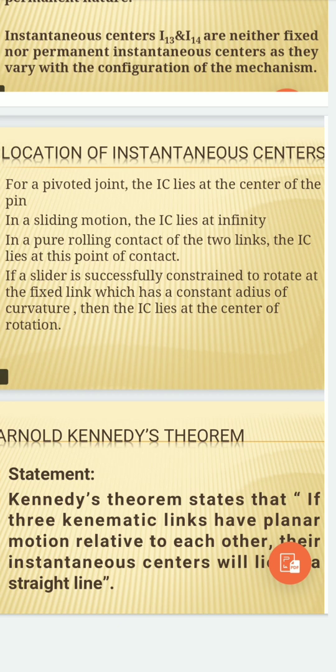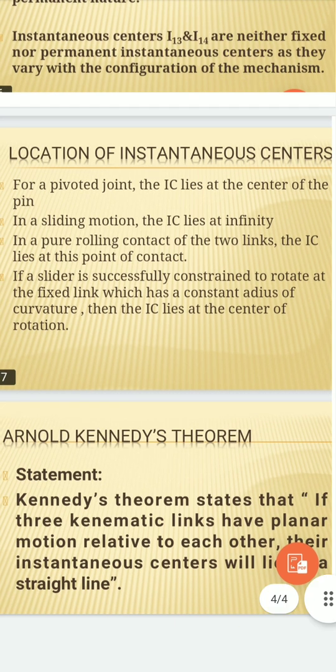We can prove it, because depending on this theorem only we will be working with the concept of instantaneous centers.